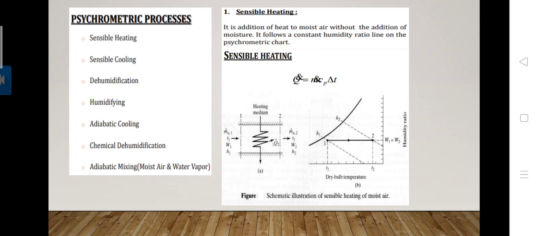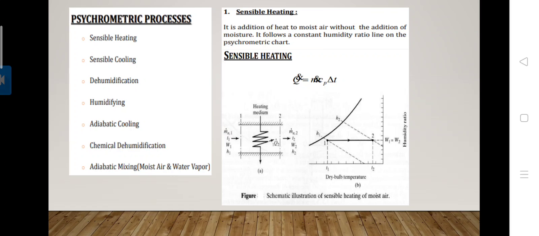Different processes are possible, like sensible heating, sensible cooling, cooling with adiabatic humidification, heating with dehumidification, which is also called adiabatic chemical dehumidification, cooling with dehumidification, and heating with humidification. Now we see them one by one.